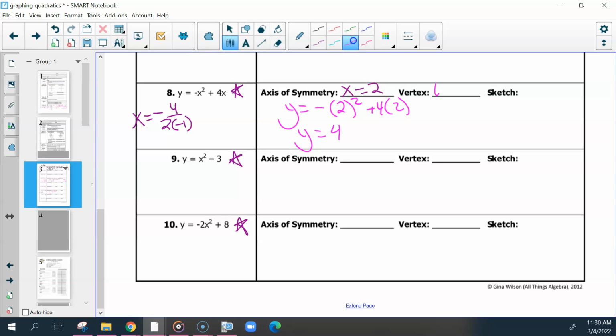That would give us the vertex Q4. And we can draw in our rough sketch. So our axis of symmetry is at 2, and our vertex will be at 2, 4. Would this face up or down?